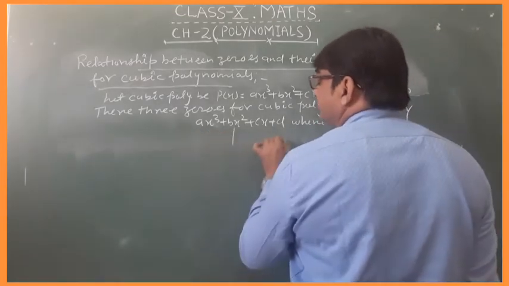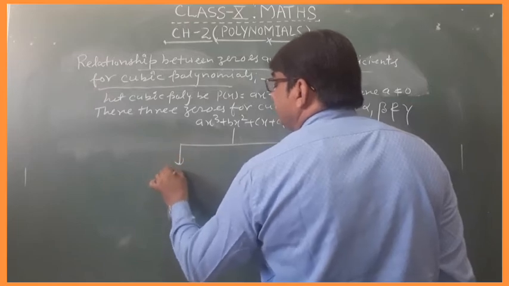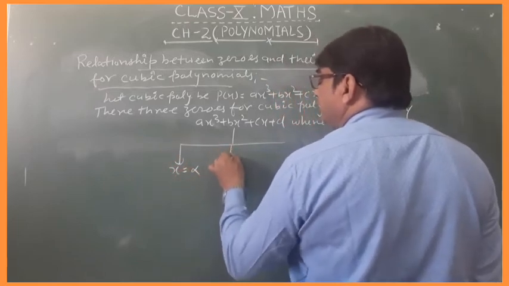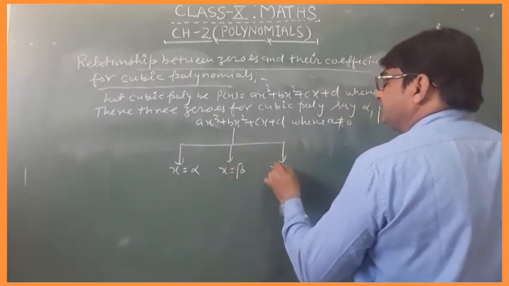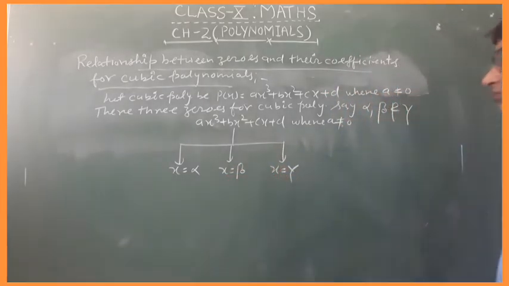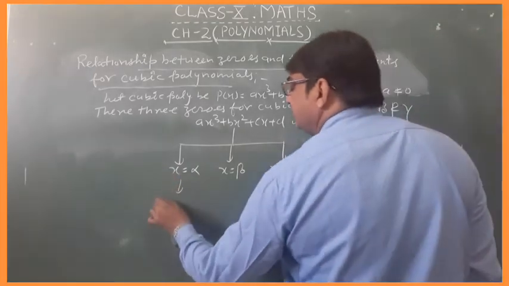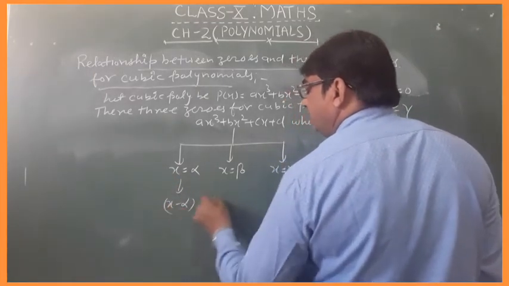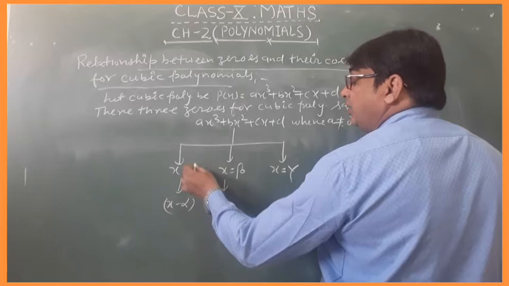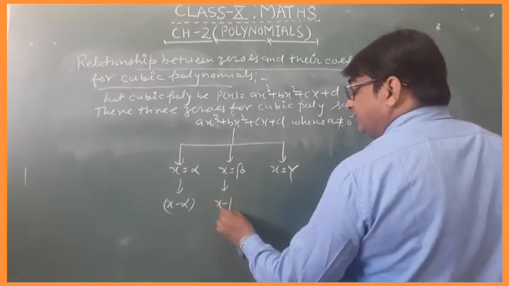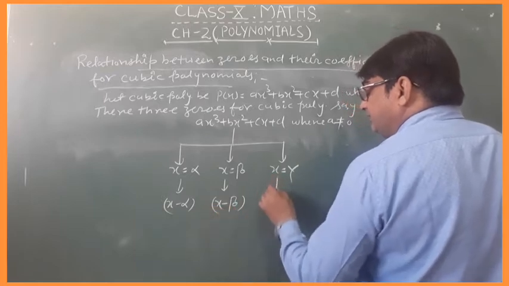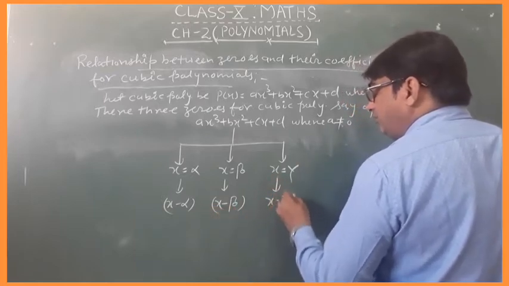There are 3 values: x is equal to alpha, x is equal to beta and x is equal to gamma. It means x minus alpha, when alpha is transferred, it converts into minus. So x minus beta and x minus gamma.